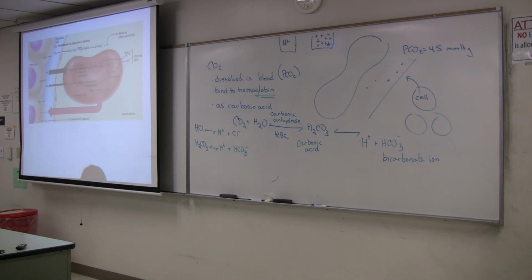So when the blood leaves the lungs and gets back to the heart, you're going to have a higher PCO2. Instead of a PCO2 of 40, which is normal in the blood pumped out of the heart, it might be a PCO2 of 62. What's going to happen to your pH? It's going to go down because you're going to have more carbonic acid, releasing more hydrogen ions.